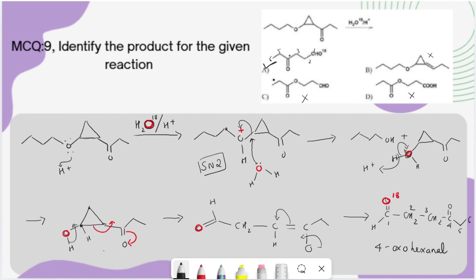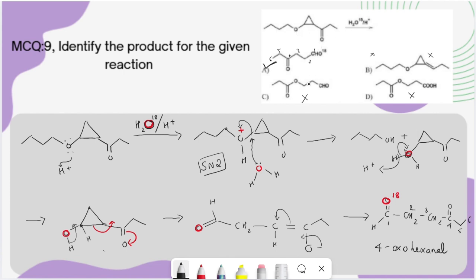Now students, if you want to solve this under 1 or 2 minutes, then how to do this? The best way is to eliminate the other options. When you have a cyclopropane, most of the time the open ring structures might have the right answer. So you can easily eliminate option B. Now, the second approach, ester formation. Why would we get an ester when we have ether and water?